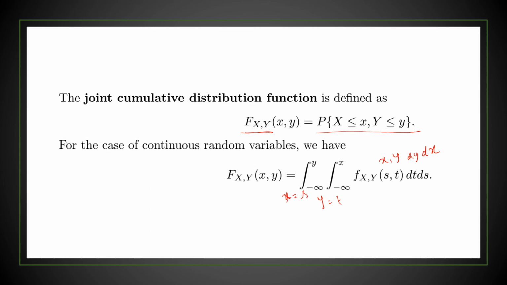The reason why you are taking s and t is since the upper limits are x and y, if you retain that as x and y, it will be confusing. So convert the variables x and y to s and t, and it will be easy for you to find the integration with respect to x and y or with respect to s and t.